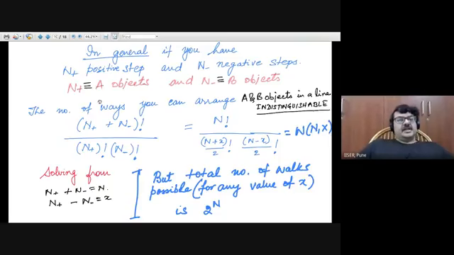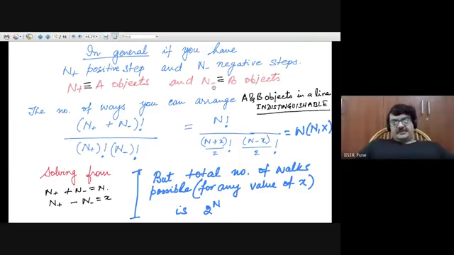So what you could do is consider n plus right steps to be objects of kind A and n minus to be objects of kind B. And the equivalent question is, in how many ways can you arrange A plus B objects in a line where A is considered indistinguishable and B is considered indistinguishable, right?